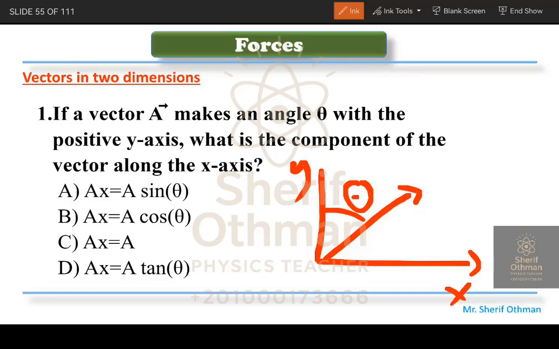In this example, x is away from theta, so it takes sine. So Ax in this problem equals A sine theta. While if theta is here beside x, then Ax will be equal to A cosine theta.